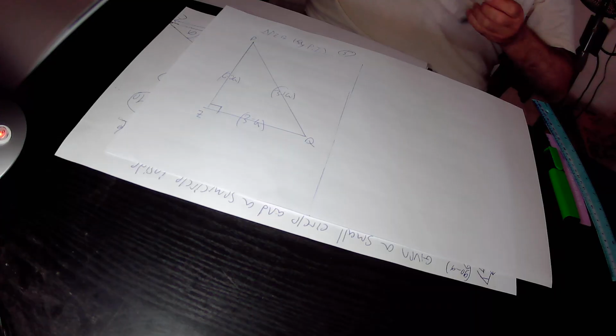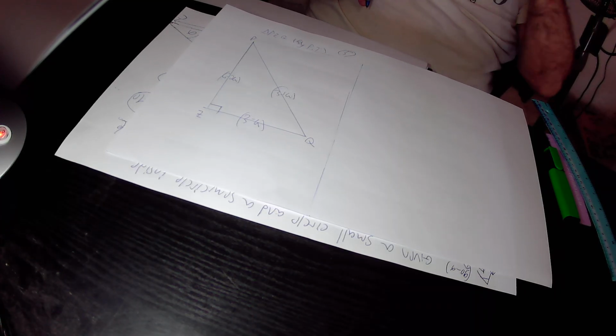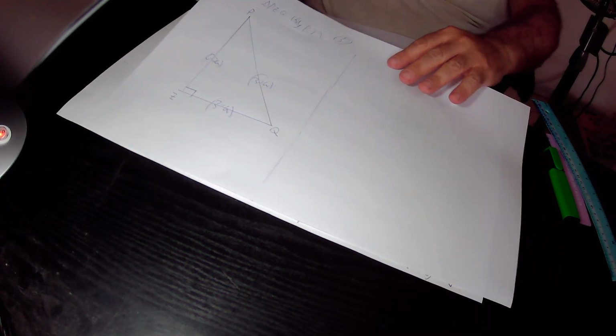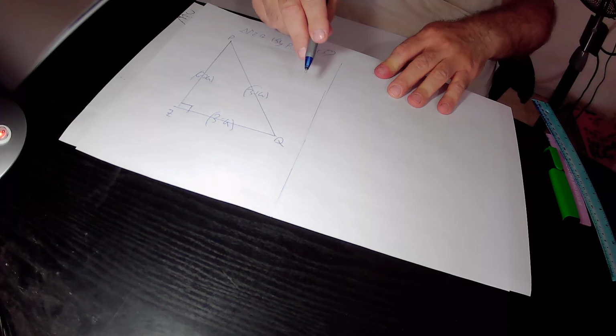Actually, this is the right green triangle PZQ that I copied from the original drawing. According to the Pythagoras theorem, in this right triangle PZQ, PQ squared, that is the square of the hypotenuse, must be equal to PZ squared plus ZQ squared.